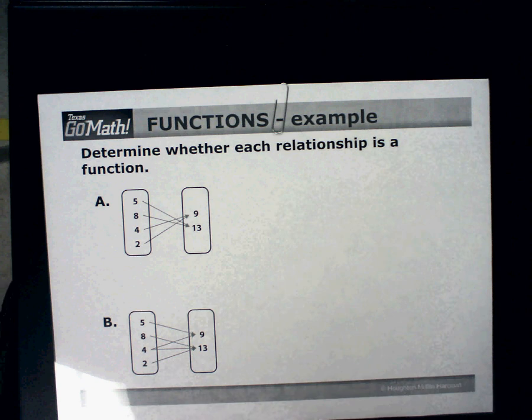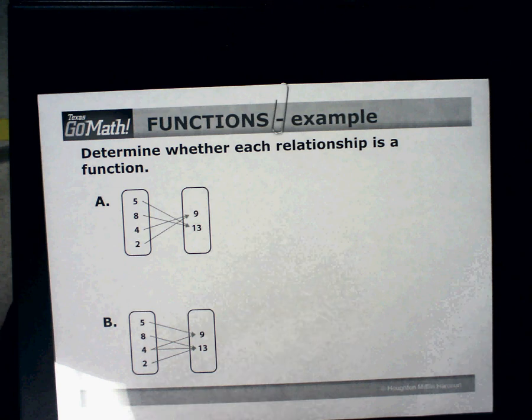Okay, so let's look at functions, and we want to determine whether each relationship is a function.